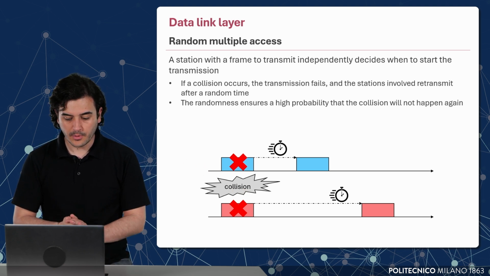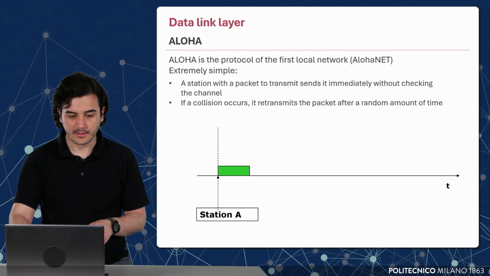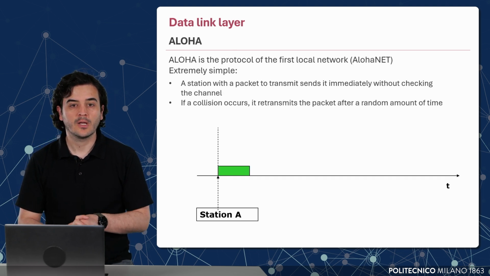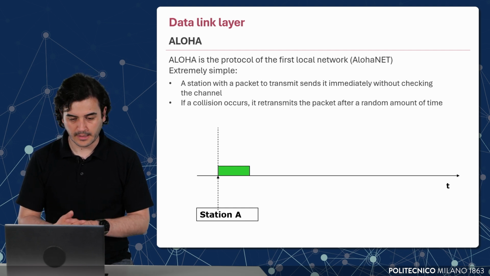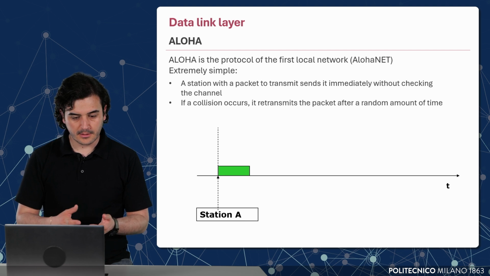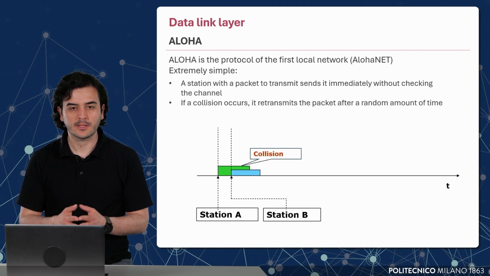One of the protocols that implies this type of mechanism is the Aloha protocol, which is actually the protocol of the first local network, AlohaNet, that we've mentioned before. The idea is that when station A and station B are transmitting at the same time, there might be a collision.